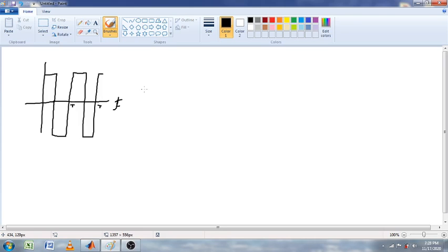So the basic principle was, whatever your time period is, whatever your repetition factor of your signal is, if you call it T, then there would be a fundamental frequency f naught, which would be given by 1 by T. What does it mean?